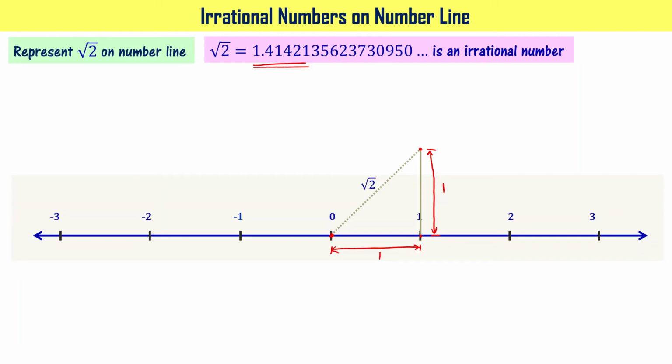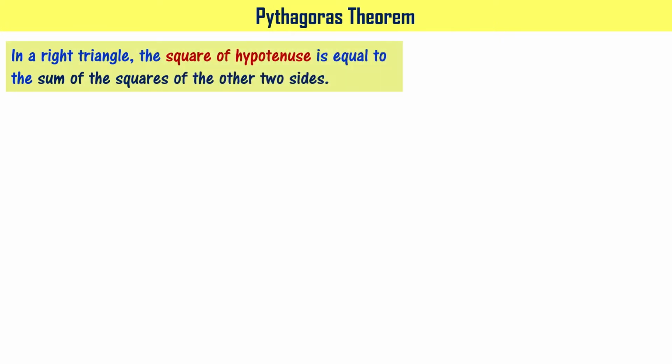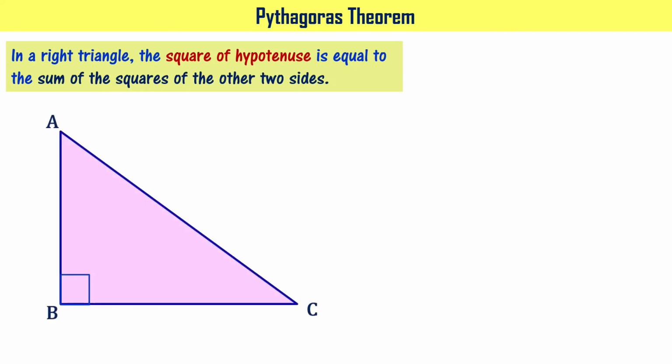How do you know? For that, let's quickly recall Pythagoras theorem. Pythagoras theorem states that in a right triangle, the square of hypotenuse is equal to the sum of the squares of other two sides. Let us consider a right triangle, triangle ABC. Angle B is 90 degrees, right? Look at this. The side opposite to angle B, the 90 degrees angle, is called hypotenuse.